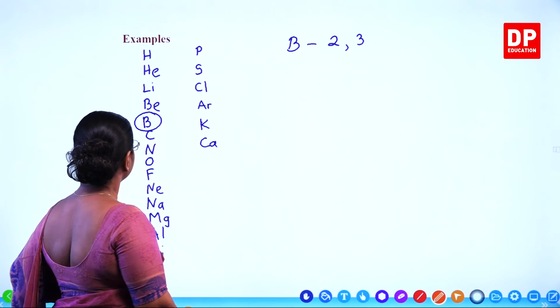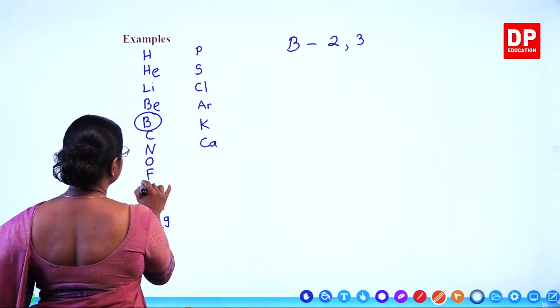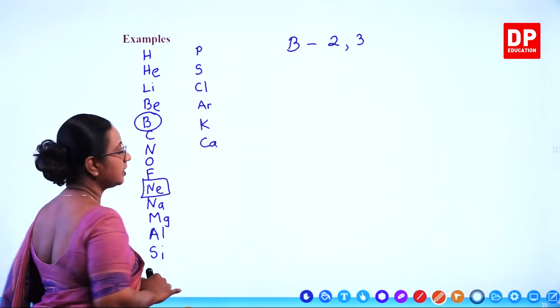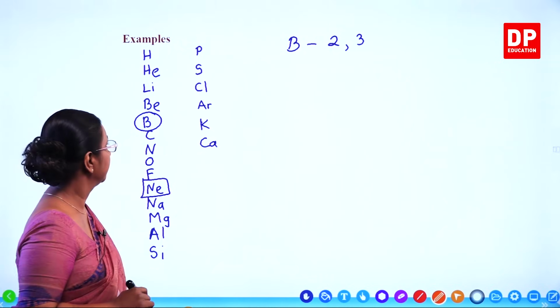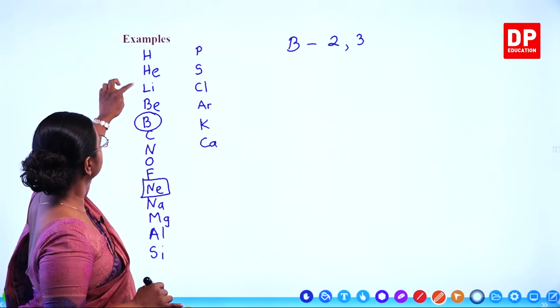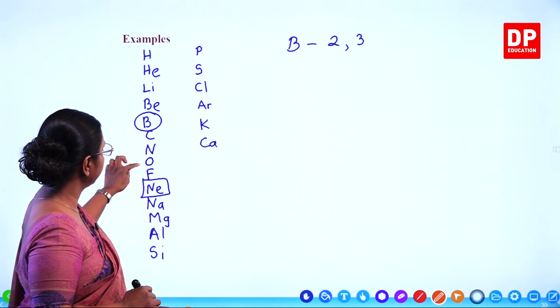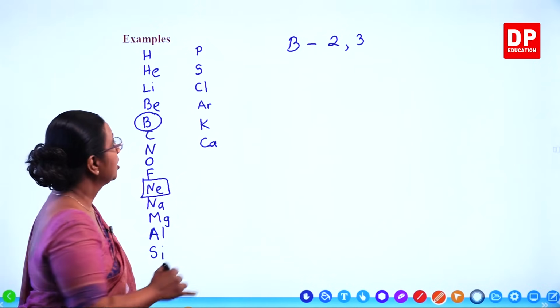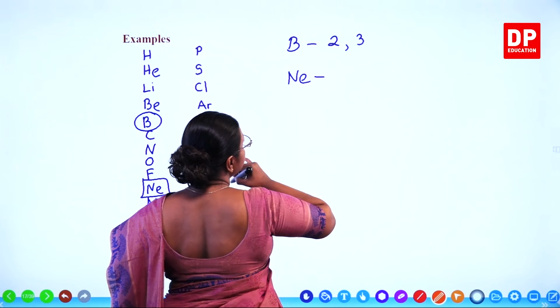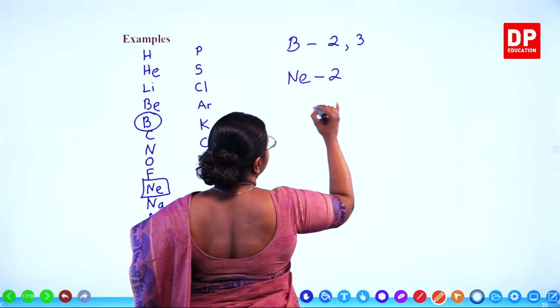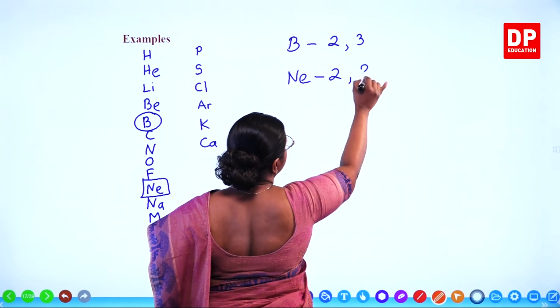We'll do another example. Let's say we'll take neon. Neon, the atomic number is 10. You can count and see 1, 2, 3, 4, 5, 6, 7, 8, 9, 10. So if neon has atomic number 10, then it will have 2 and 8.